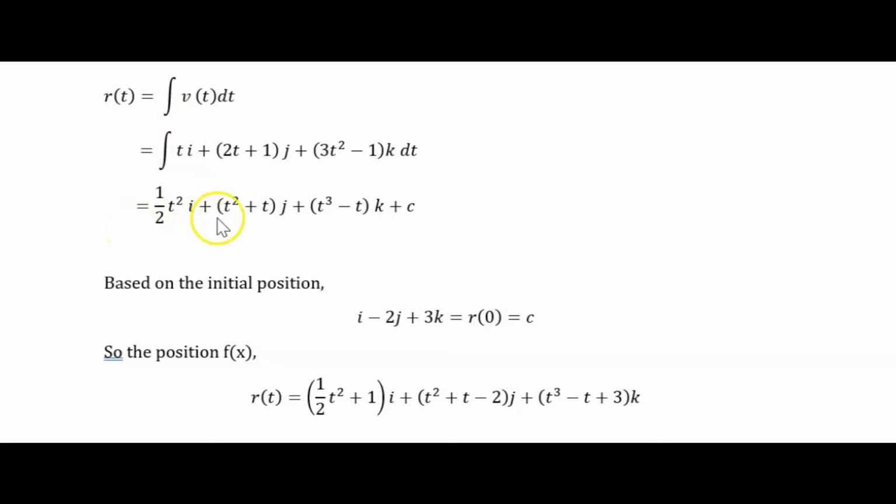So this will be 0, here will be 0, here also will be 0. So the value left is c. So we substitute this value into c in the function. So we know that the position function is ((1/2)t² + 1)i + (t² + t - 2)j + (t³ - t + 3)k.